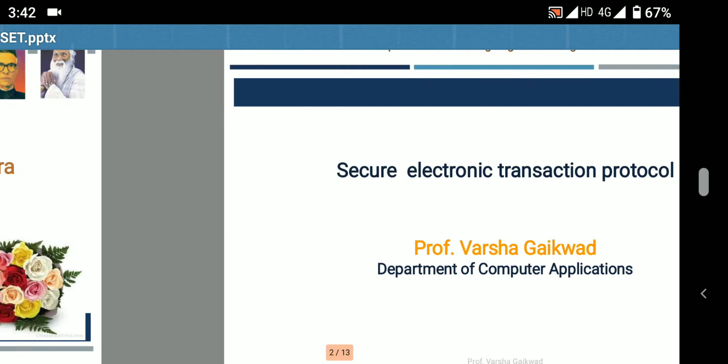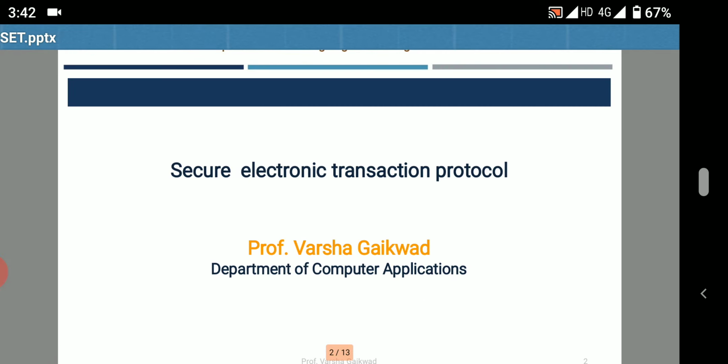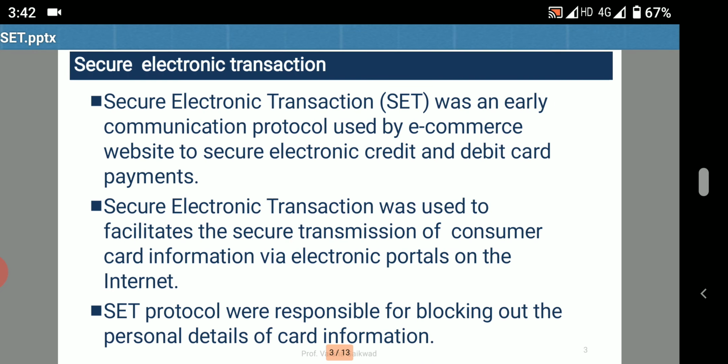Today we will see what is Secure Electronic Transaction Protocol, that is SET protocol. Secure Electronic Transaction, SET, was an early communication protocol used by e-commerce websites to secure electronic credit and debit card payments.